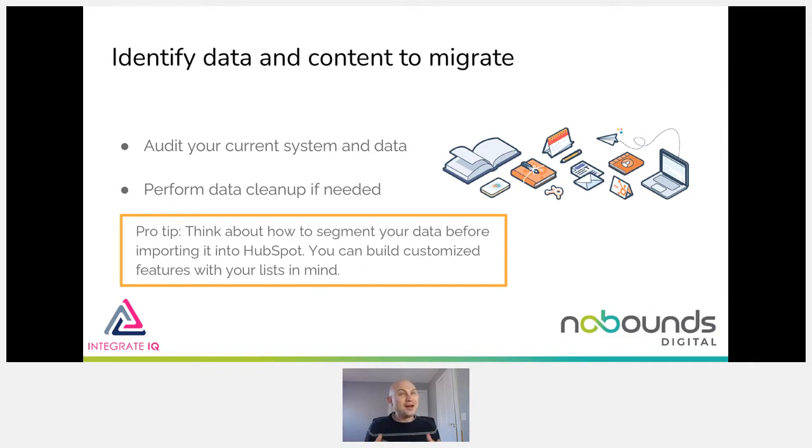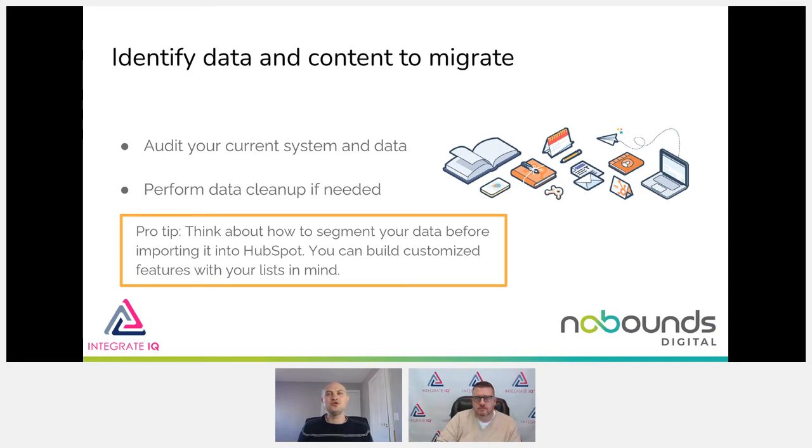And I hope for you that you feel the same way that Sheldon did when you're auditing your current systems and data, when you're taking a look at the content that you have in those legacy systems, and thinking about what you should prune and what you need to bring in, and then how we can consolidate that. In our pro tip here, think about how to segment your data before importing it.